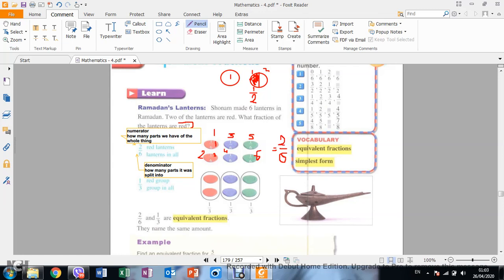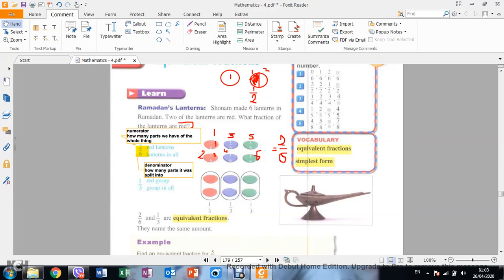The total number is the denominator, and the part number is the numerator. How do you read it? You read this as 2 sixths. So 2 sixths of the lanterns are red.